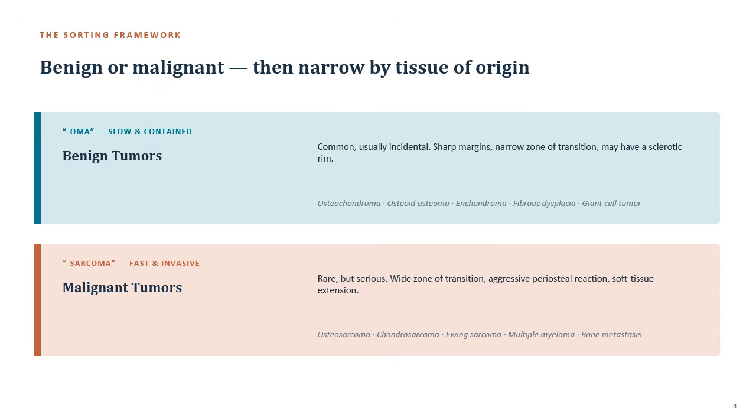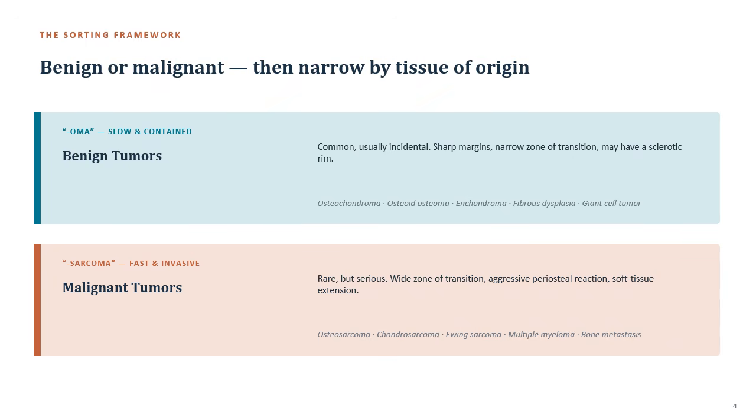So think of osteochondroma, osteoid osteoma, enchondroma, fibrous dysplasia, and a giant cell tumor. Those all fit into this group. With malignant tumors, that's the group that carries the suffix sarcoma. We already stated that they were rare, but they are a very serious group or serious finding.